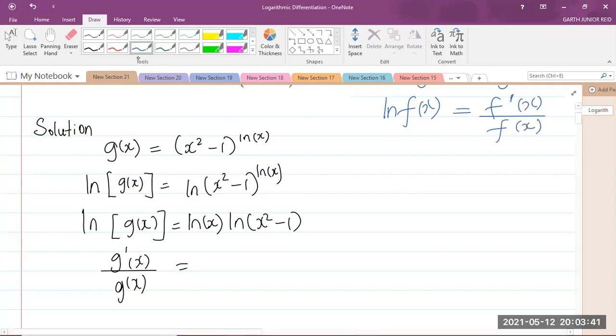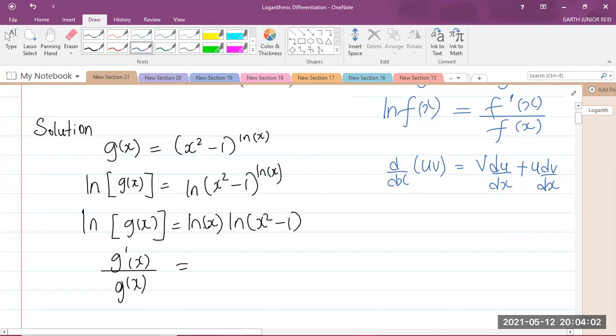So we're going to apply the product rule. Just to remind you, the product rule says d by dx of u times v is equal to v times du by dx plus u times dv by dx.